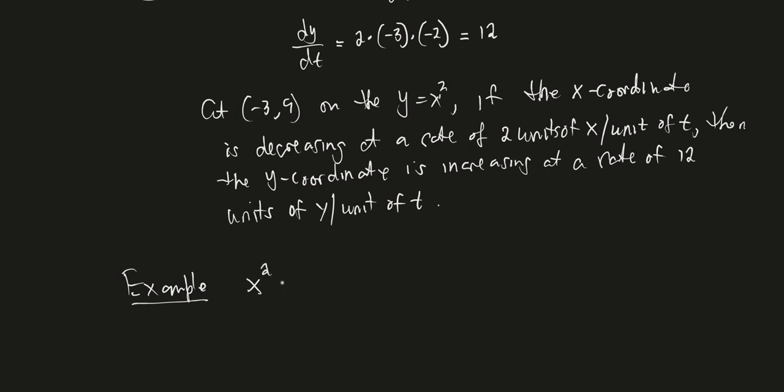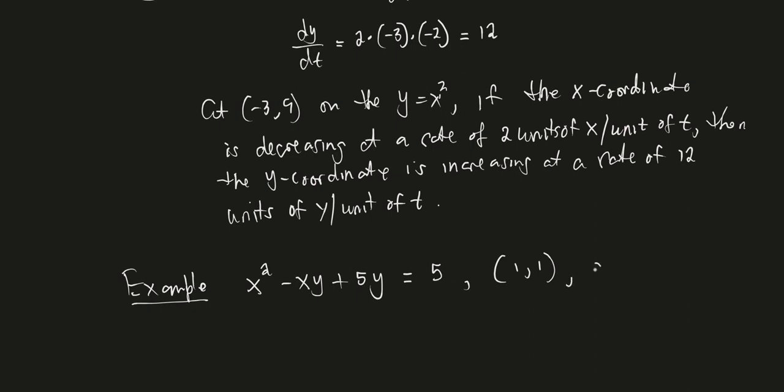Let's say x squared minus xy plus 5y is equal to 5, right? And here is the point, 1 comma 1. So here's the relationship between our variables, and this is the point at which we are on this curve.